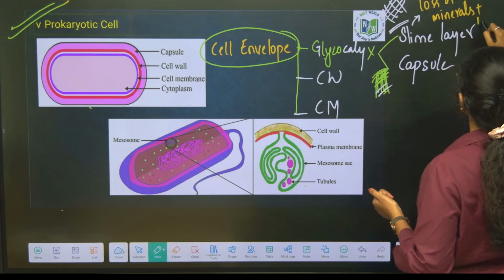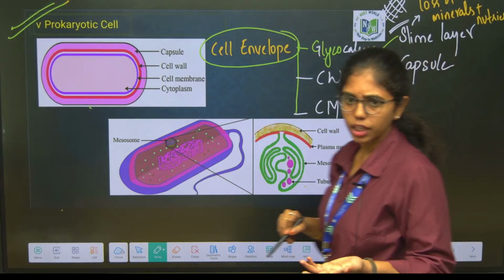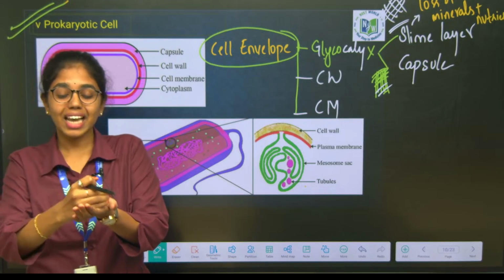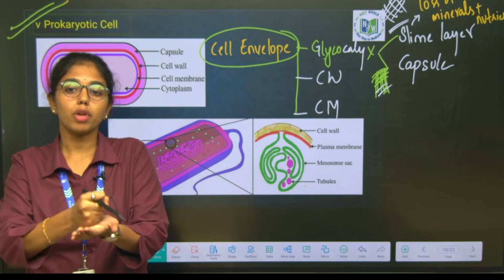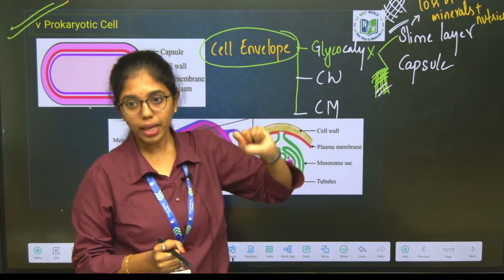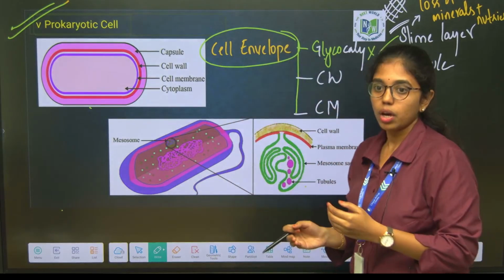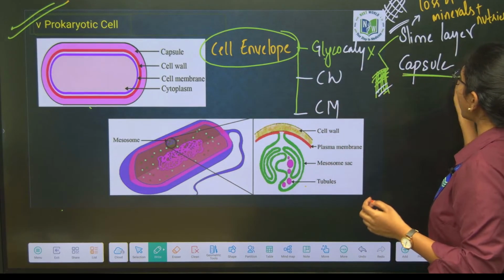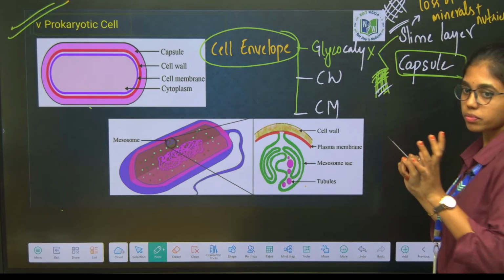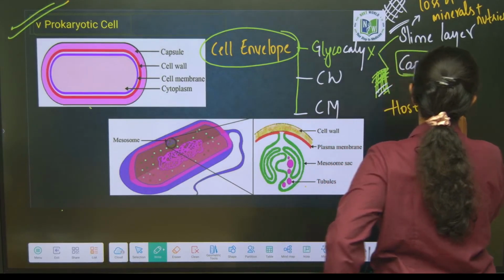Whenever bacteria are exposed to thermoacidophilic or halophilic conditions in extreme environments, this slime layer protects the bacteria from loss of water and minerals. If the outermost layer is a capsule, it protects the bacteria from the host immune system, helping it survive in the host.